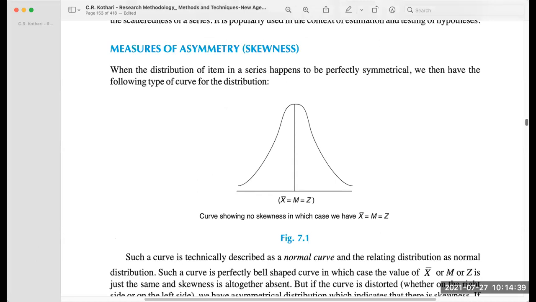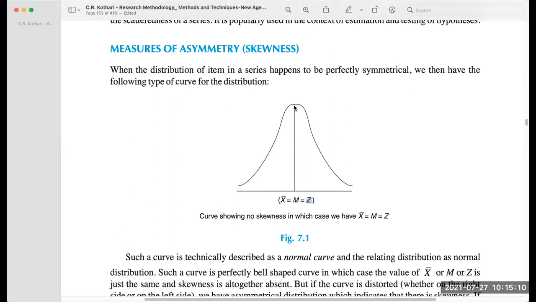Okay. Today, skewness. This is the new one. As you know, x bar represents the mean, M represents the median, and Z represents the mode. For a given data, whatever data you have, if all these three values are equal, then you are going to get a perfectly symmetrical set.